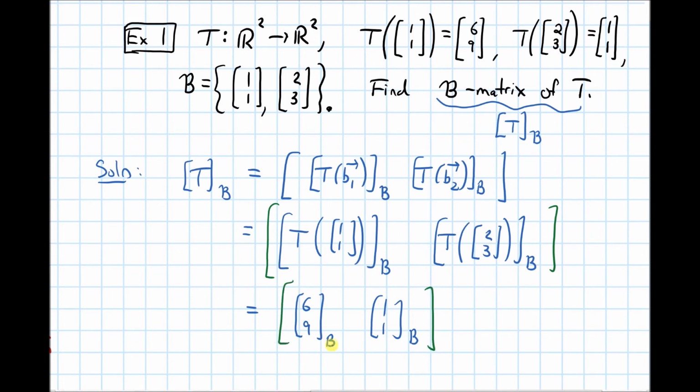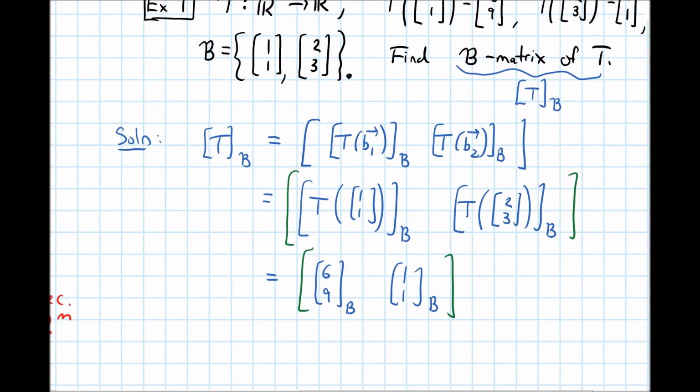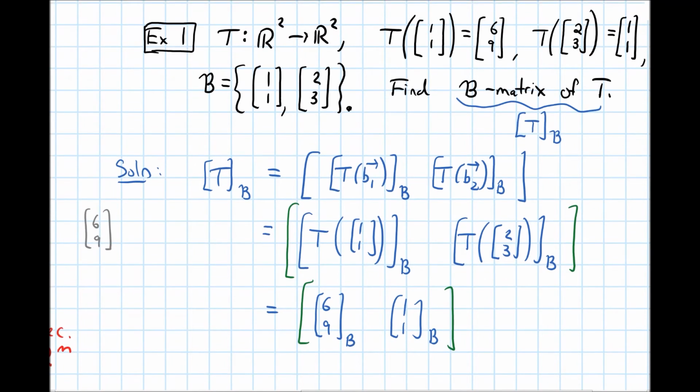So how do we get these B coordinate vectors? Let me talk about this on the side. For example, if we want to write the coordinate vector for (6, 9), what we need to do is write (6, 9) as a linear combination of these basis vectors.